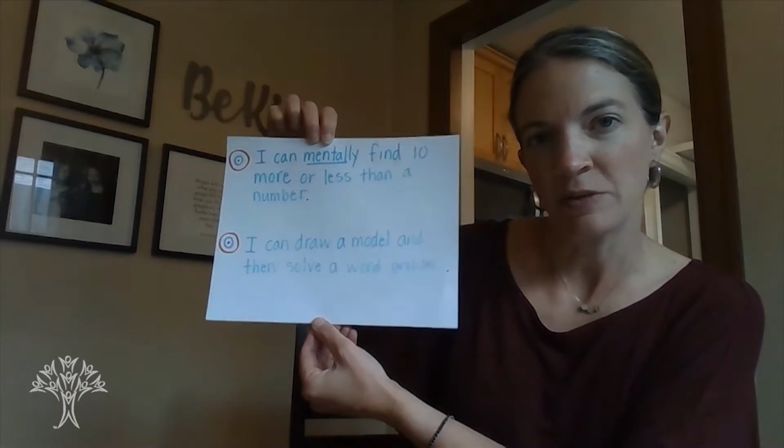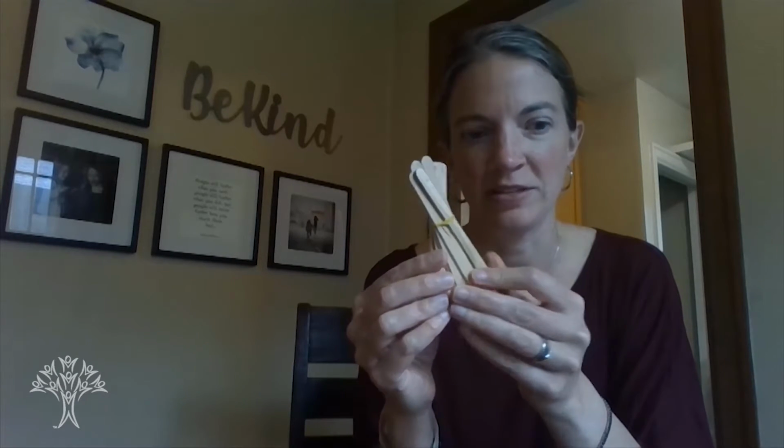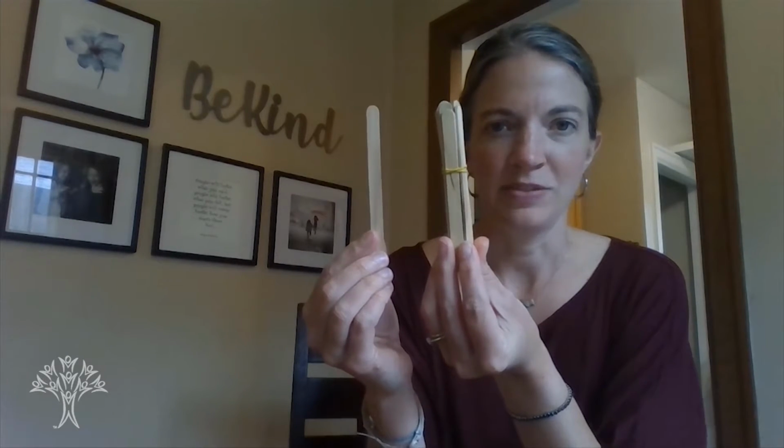So we're going to be working with tens and ones today. Let me show you what our model looks like. So we have popsicle sticks in a bundle. We call these bundles and sticks. And inside of each bundle, there are 10 popsicle sticks. We use these often in first grade to help us with our tens and ones counting. So we have a group of 10, and then we have some ones.